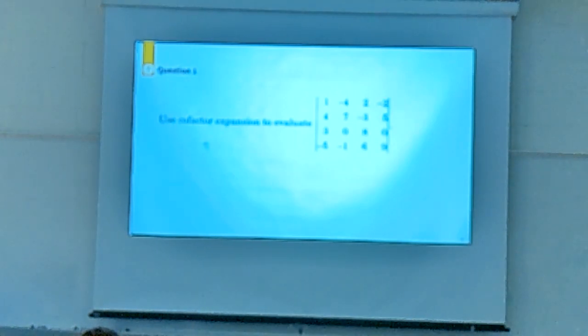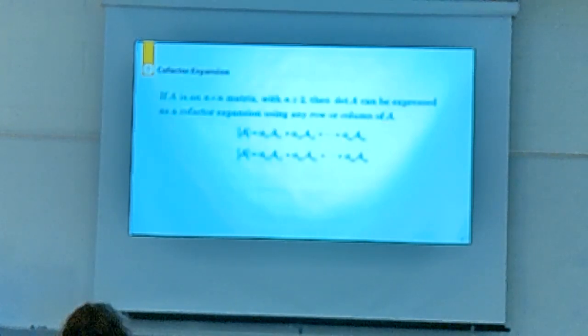Use cofactor expansion to find this 4x4 determinant. Notice in the previous slide, it didn't specify a row or column, which means you can use any row or any column.